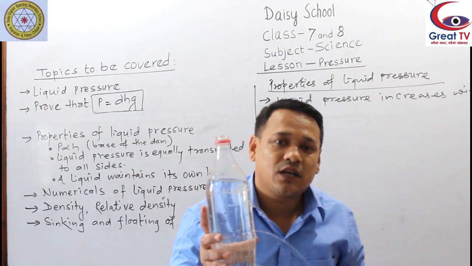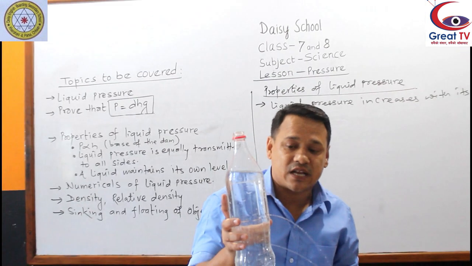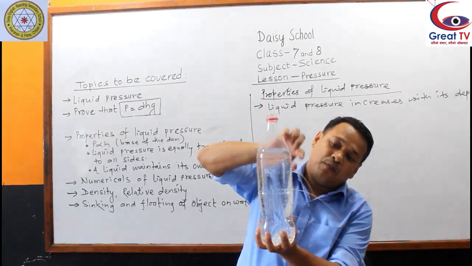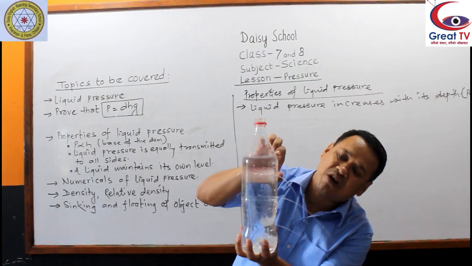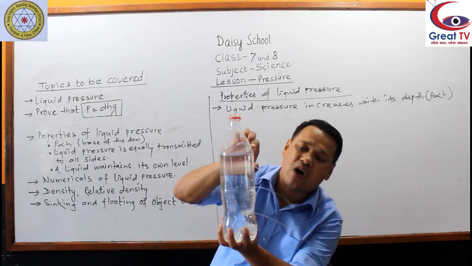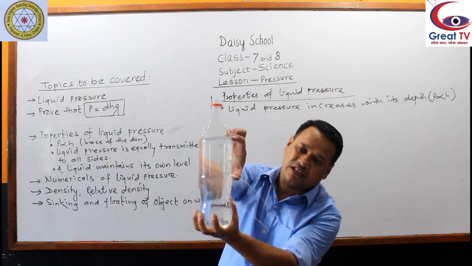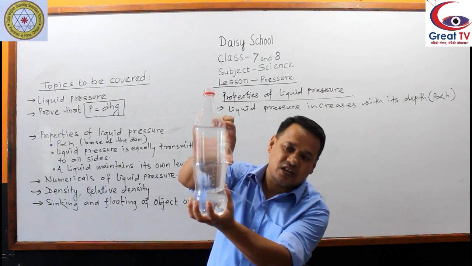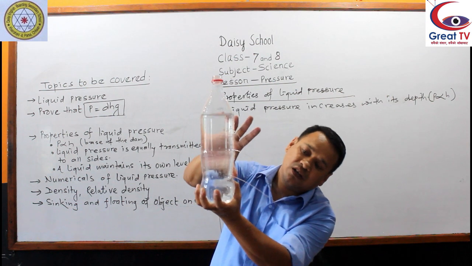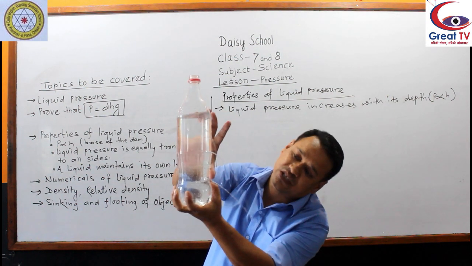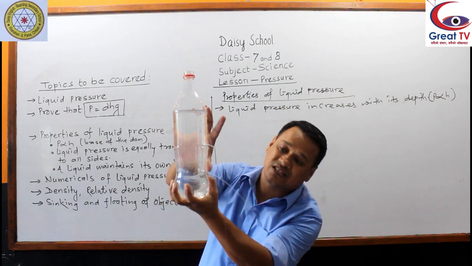But why does it cover the longer distance? Because for the top hole, only this much mass of water is exerting the pressure. For the second hole, this much water is exerting the pressure. For the bottom hole, this whole amount of water is exerting the pressure.